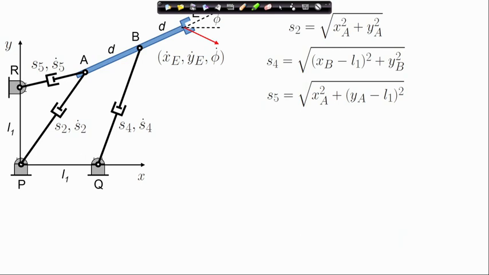These are very easy to see. S2 is the throw of this actuator. Similarly, S4 and S5, and they are related in terms of the coordinates of point A and B and the coordinates of P, Q and R. So, these relations we have already looked at.